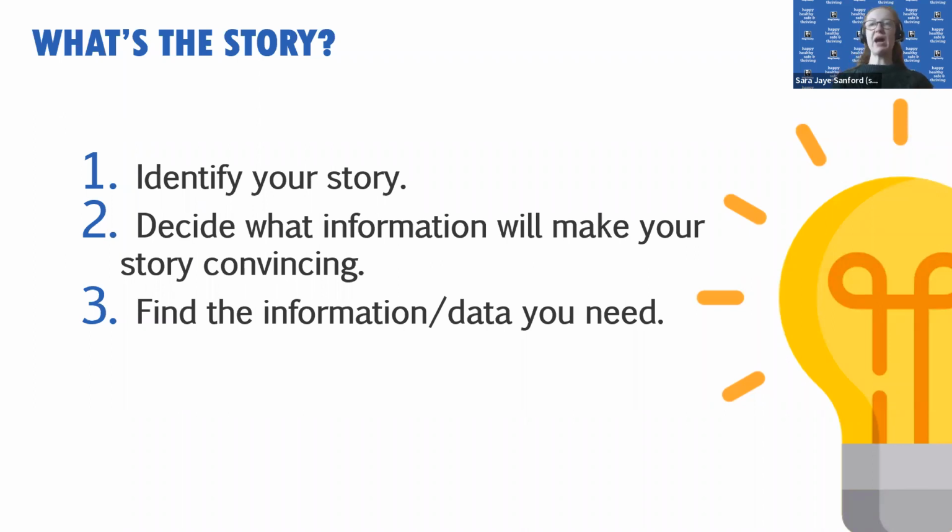What's unique and powerful about you? When you approach your proposal like a story, it can make it much easier to understand for reviewers, and it can help you decide what kind of information to include. So if you have that story in mind, what kind of information would help make it convincing or compelling to folks who will be reviewing it?